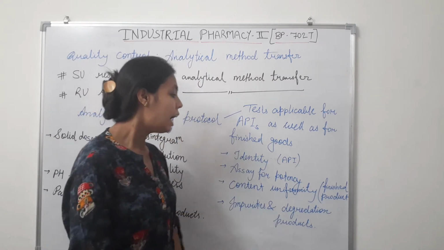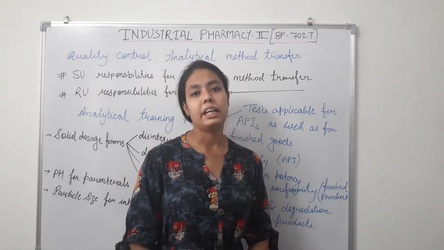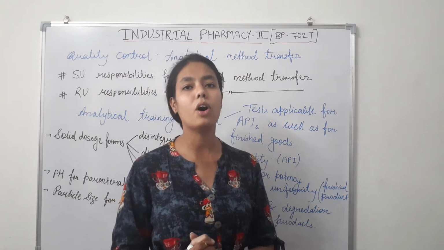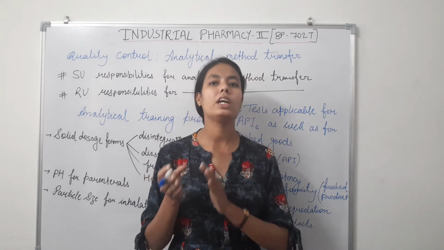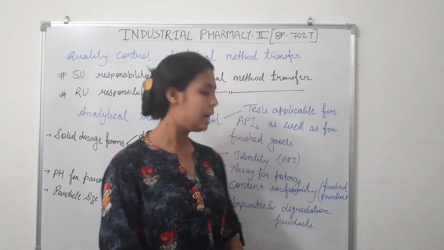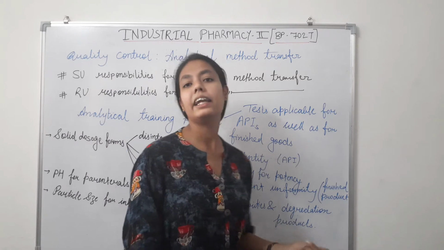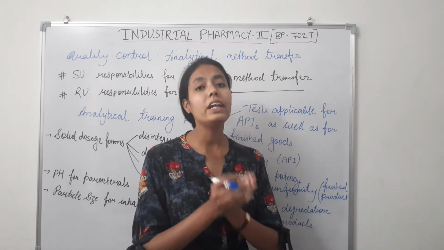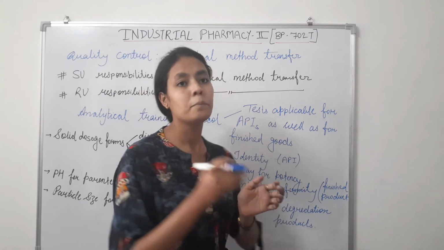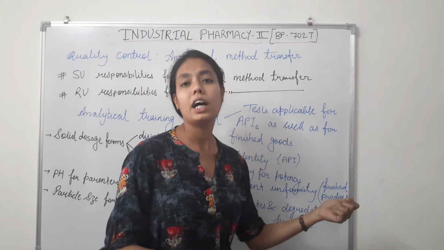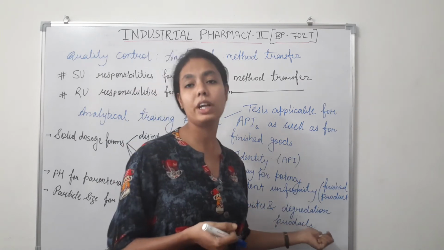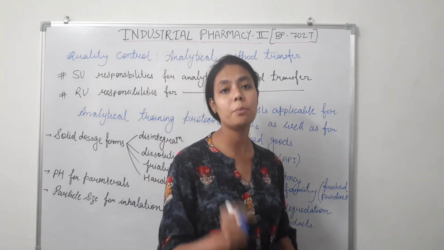Apart from that, content uniformity, or uniformity of content, which is applicable for finished pharmaceutical products. Apart from that, impurities and degradation products. What are the various impurities found in any particular finished pharmaceutical product? So what are the various impurities and what are the various degradation products?